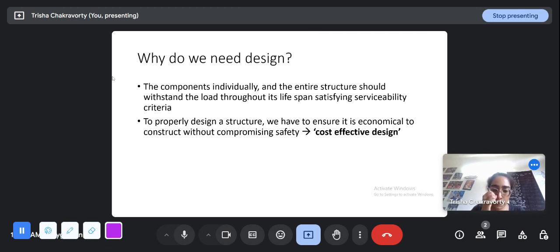This is because whenever we are building a structure, it's not ideal that we can keep on making it as safe as possible, and we cannot take the highest earthquake that ever occurred in history and design every building in the world for that.